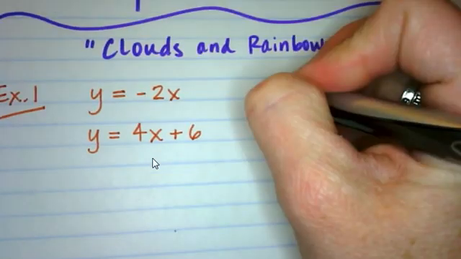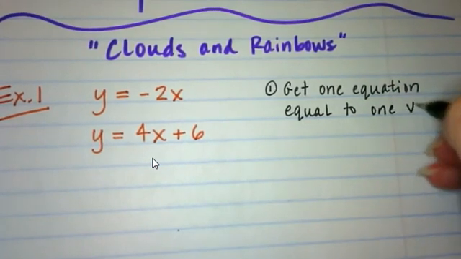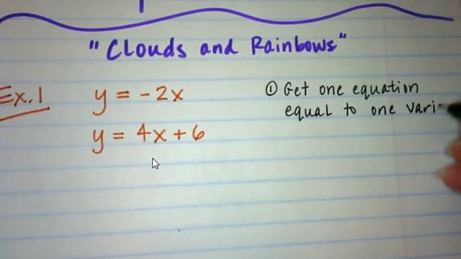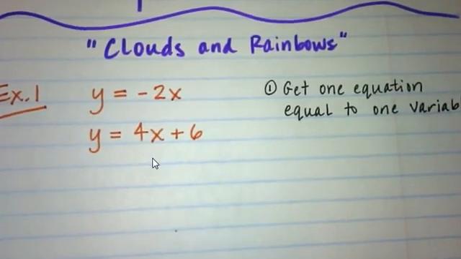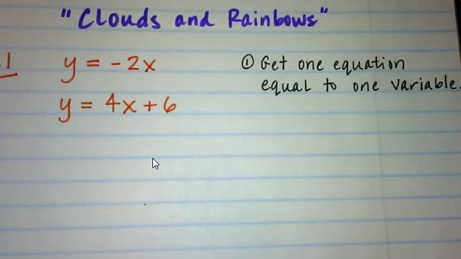But the first thing that we have to do is get one equation equal to one variable. If we look at this problem, both of them are already set equal to one variable. So we can skip step one because it's already been done.